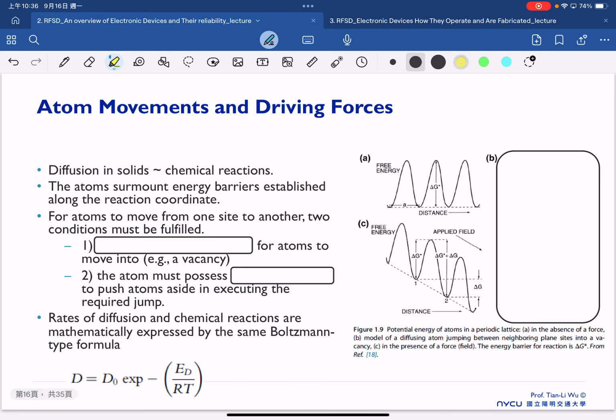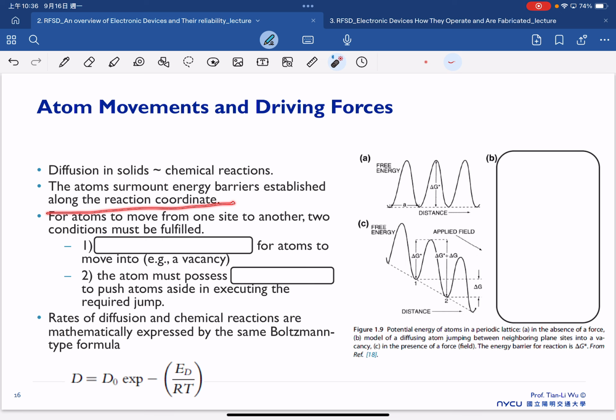So here is some additional example. If we consider diffusion in the solid, that's a chemical reaction here. The atoms must overcome an energy barrier established along the reaction coordinate.